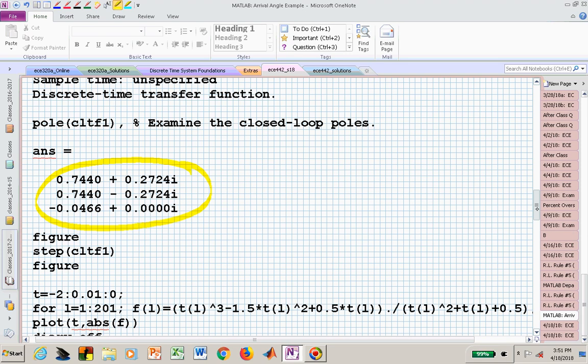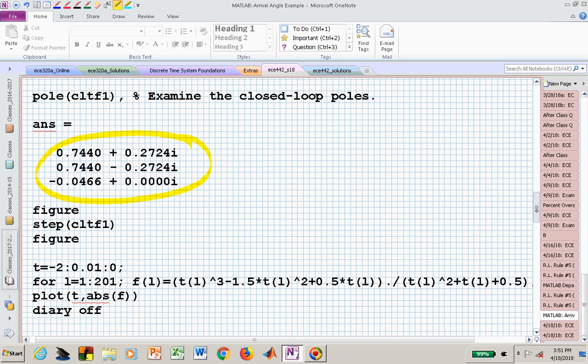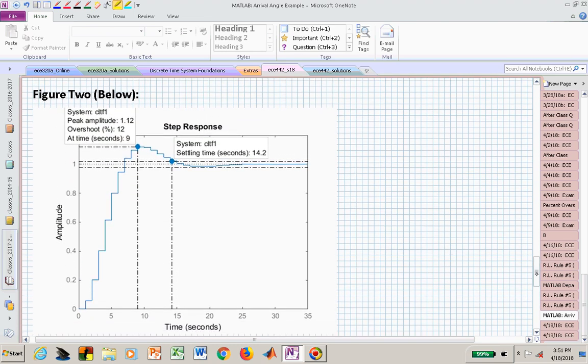And my second figure, I actually compute or look at the step response. And that's right here with the characteristics with the right mouse click. I now have a 12% overshoot, a settling time of a little bit more than 14 samples.